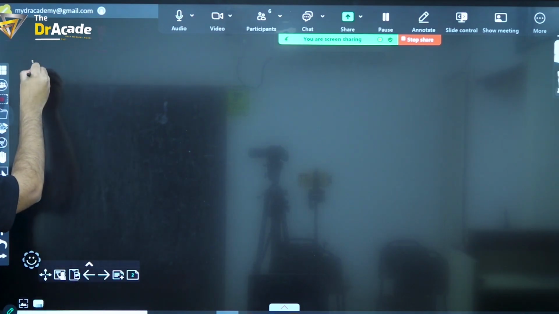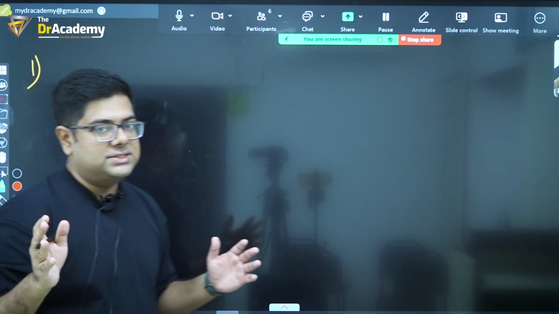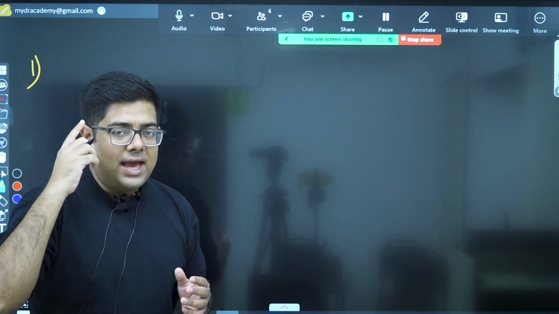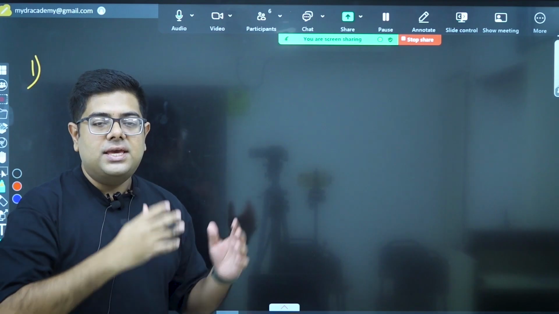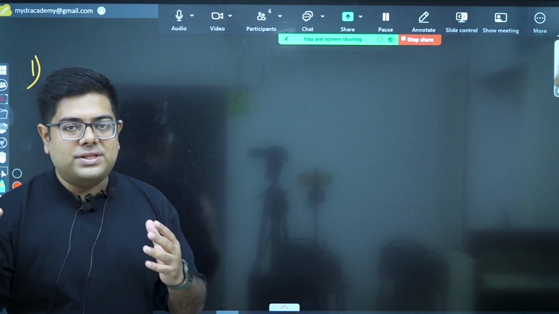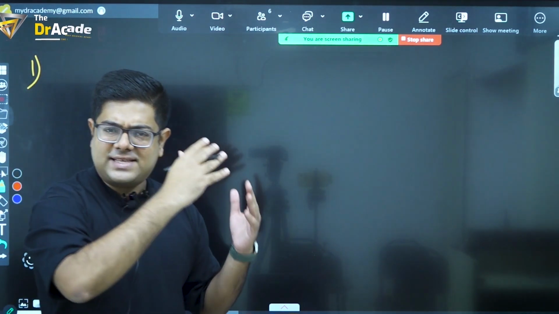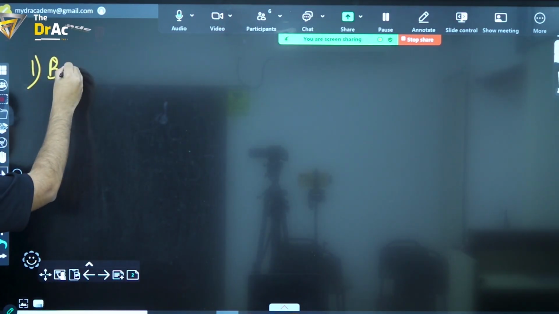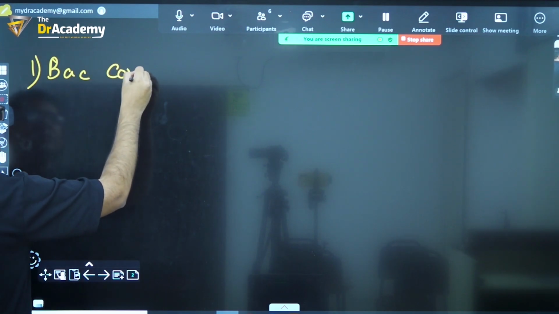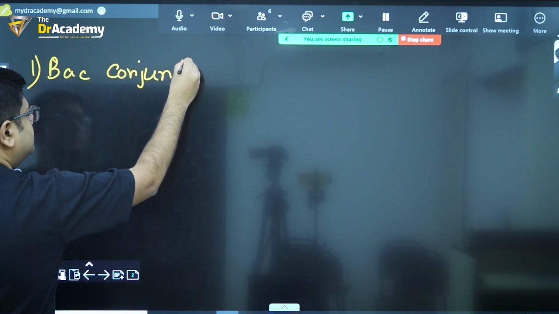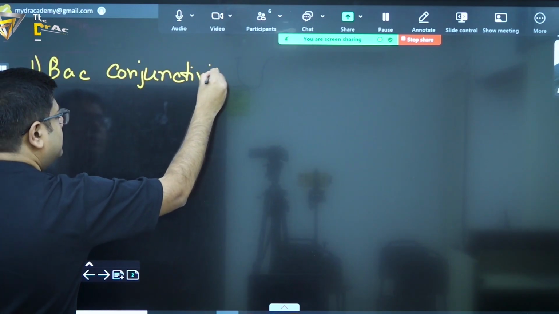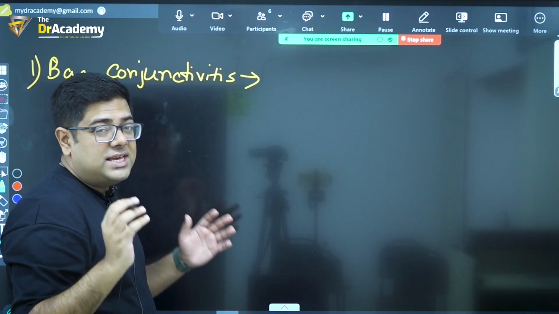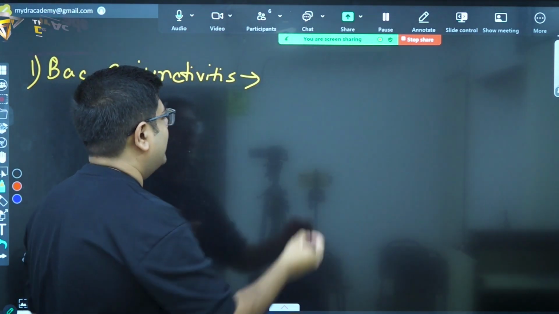I'm going to give you some clinchers that we need to pick up from the stem in the question paper, and as soon as you see those clinchers, you will be sure that this question is associated with this disease. For bacterial conjunctivitis, what is the clincher? It will have sticky purulent discharge from the eyes.